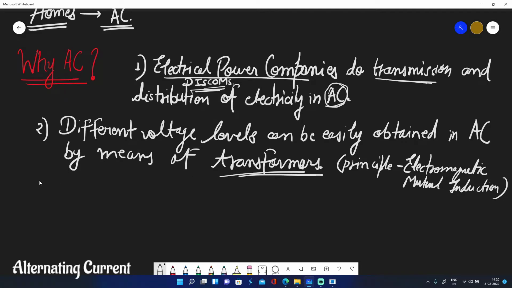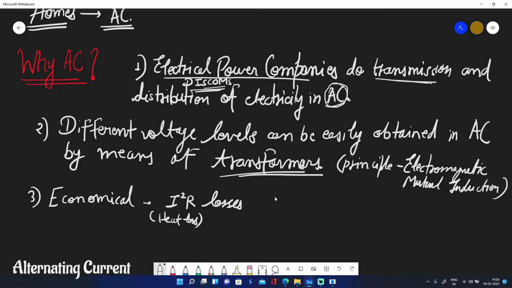You need to understand that another point is there. I will explain it because these three are interlinked. Second, third is that AC power is economical. Why? Because I squared R losses, known as heat loss, can be minimized.